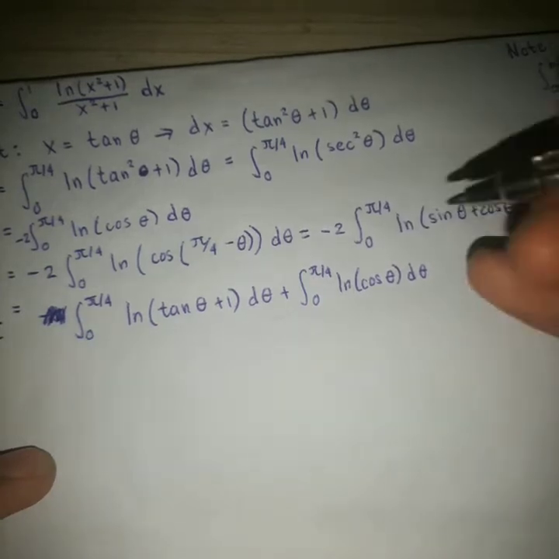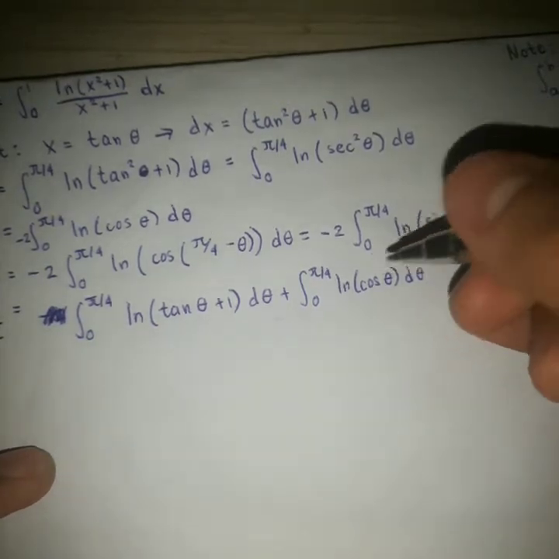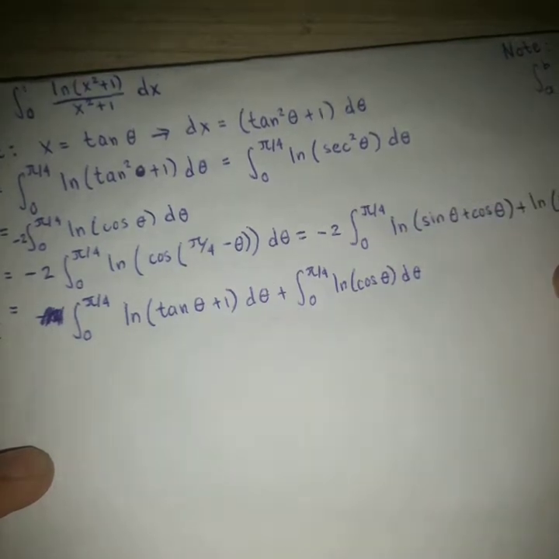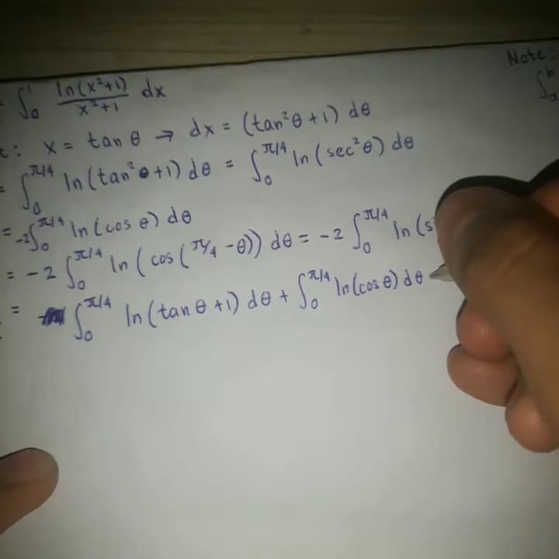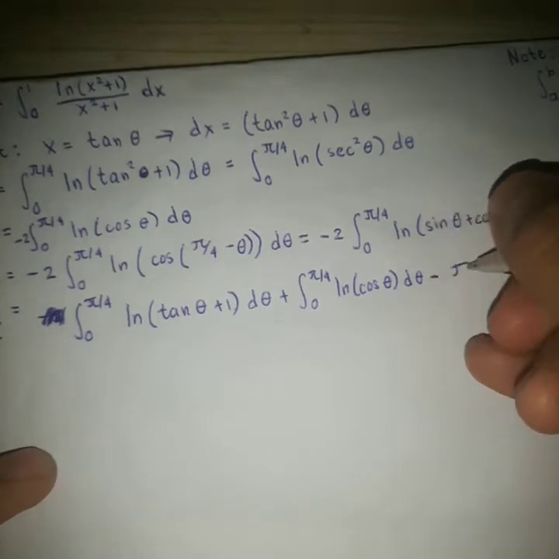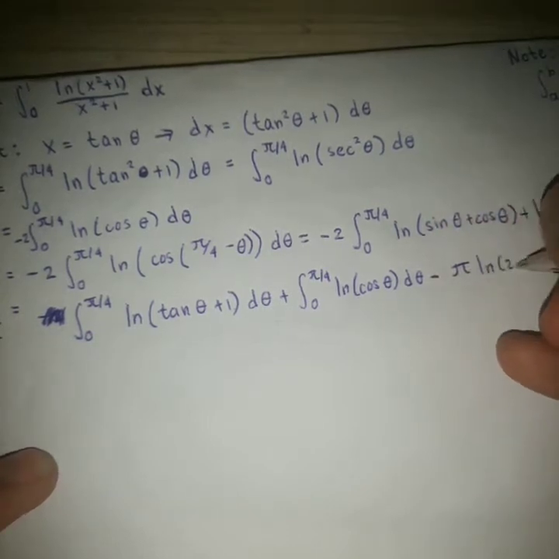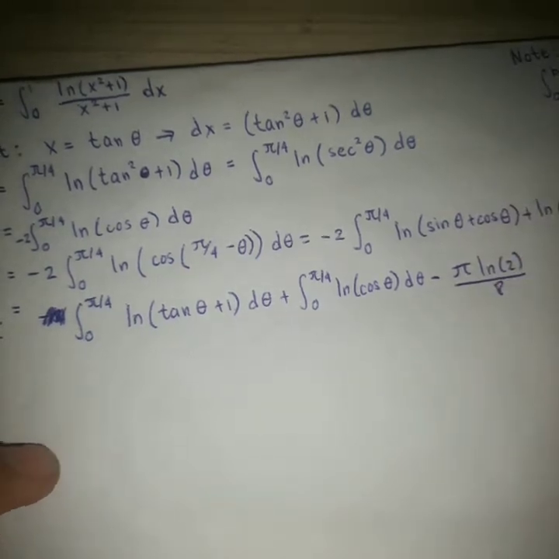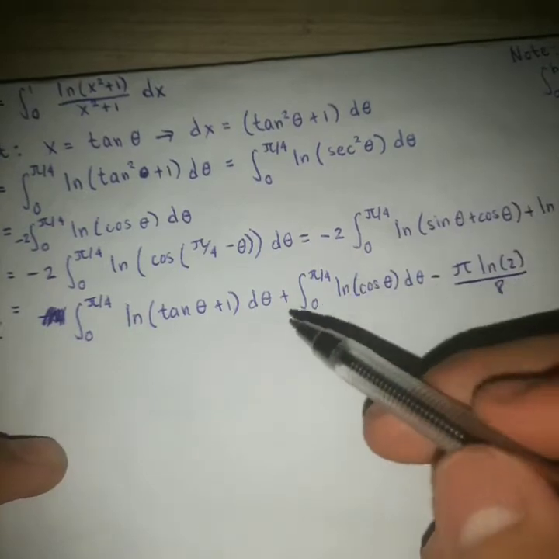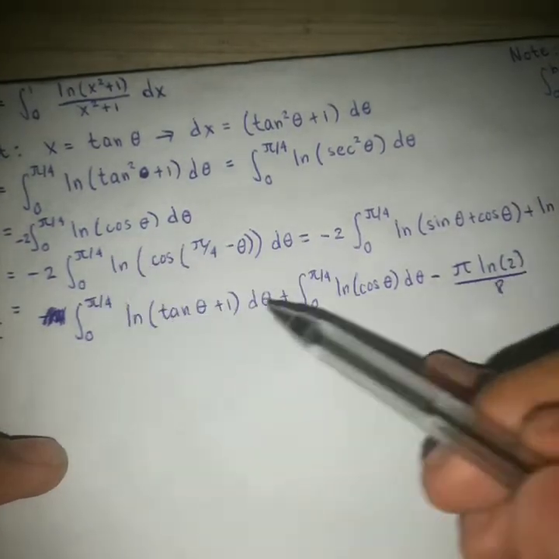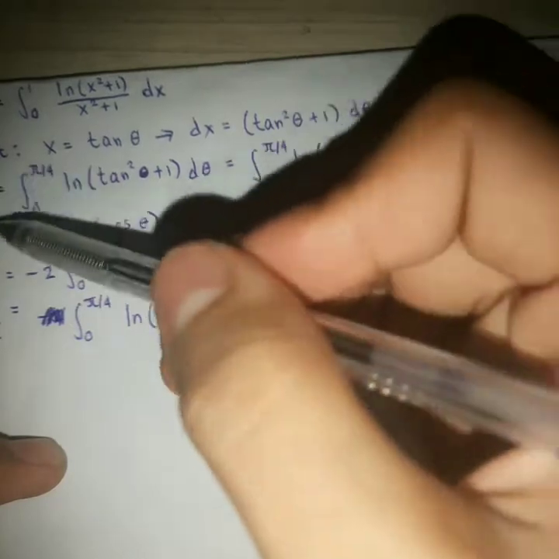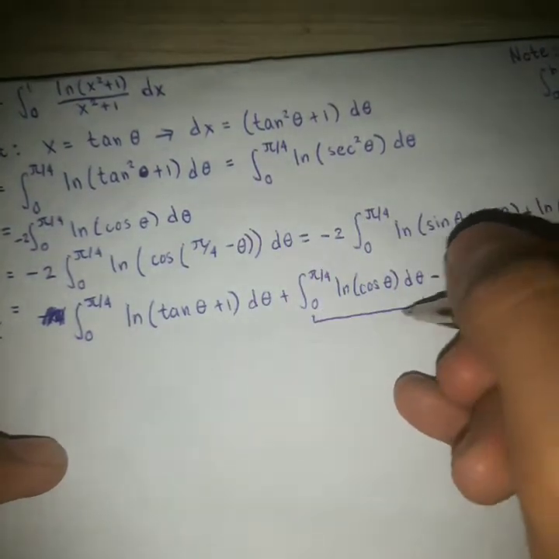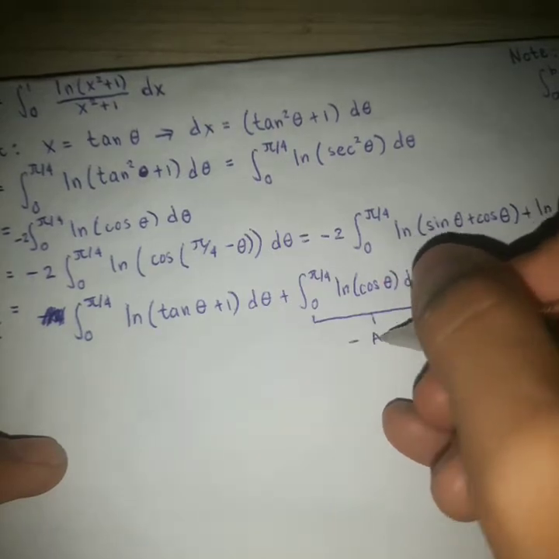Since our lower limit is just 0, it will vanish. So if we integrate this constant term, our answer will become negative pi ln 2 over 8. Notice from the beginning, this is just equal to negative A over 2. So this is the same as negative A over 2.